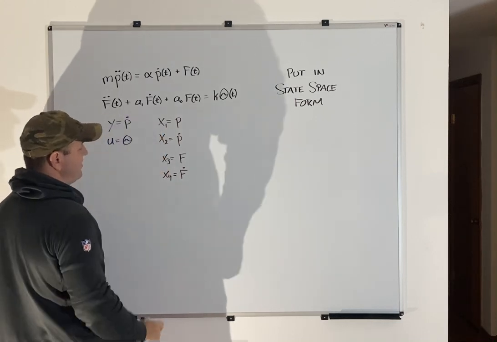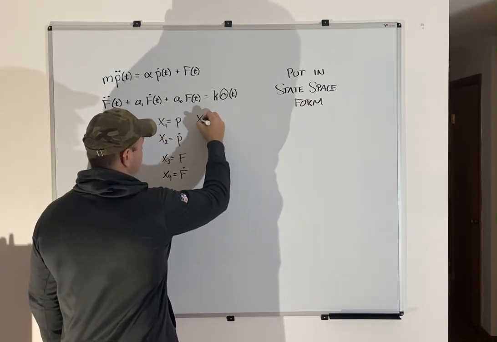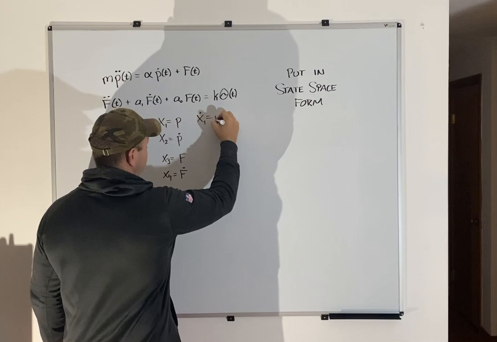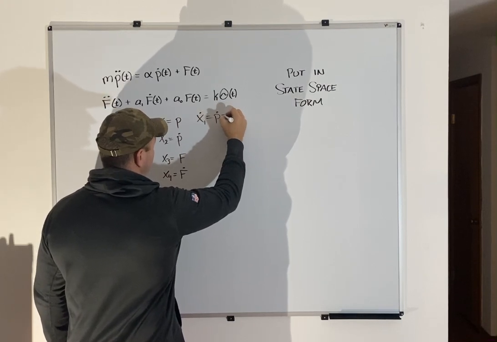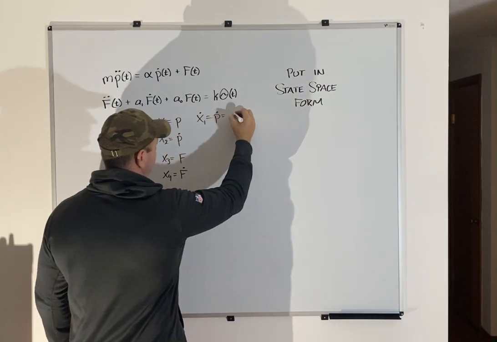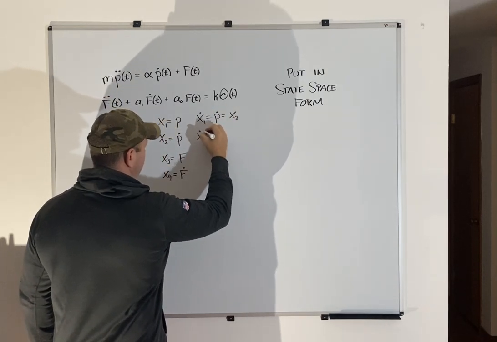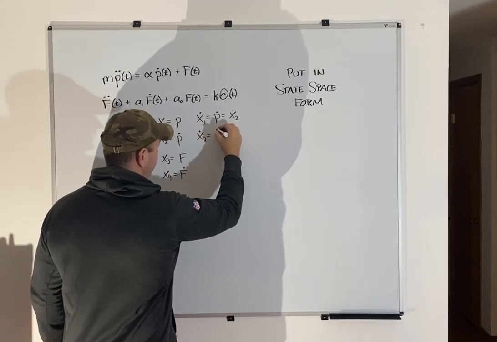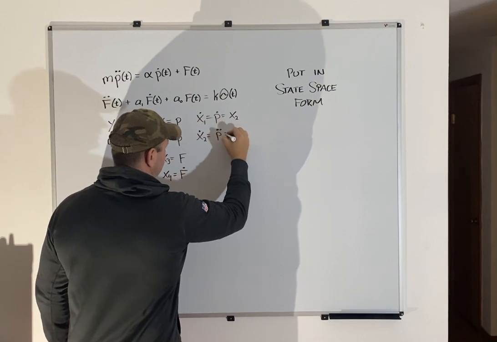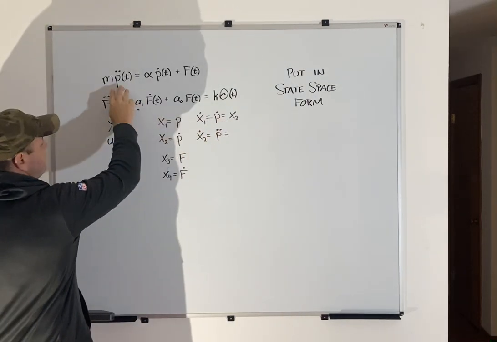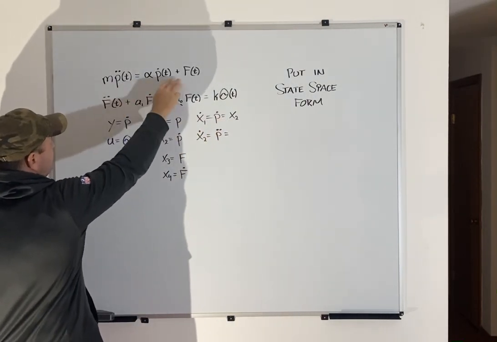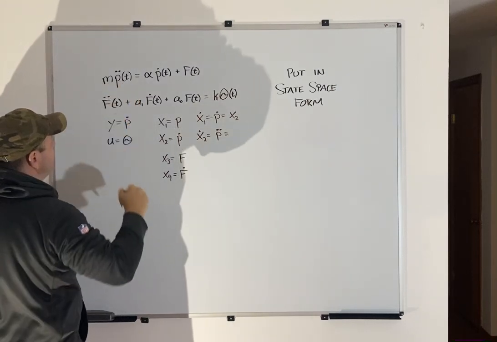State variables defined. Let's take their derivatives. X1 dot is equal to P dot, which is equal to X2. X2 dot is equal to P double dot, which in order to find, we have to do some manipulating over here. We've got to divide everybody by M, so we're left with P double dot over here.